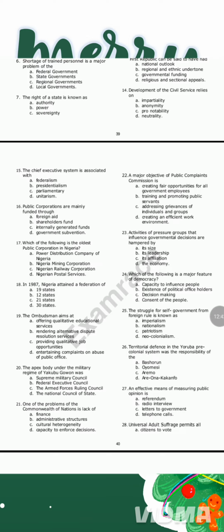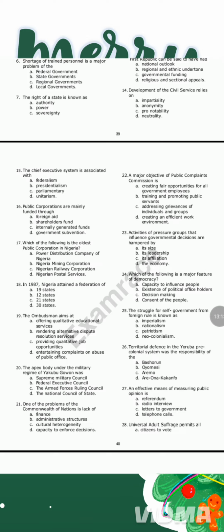All right, question 20, the final question. The apex body under the military regime of Yakubu Gowon was. Now, like I said, Nigeria has passed through both civilian and military administrations. Military administrations have names that they call their council when they eventually take over the reins of power.